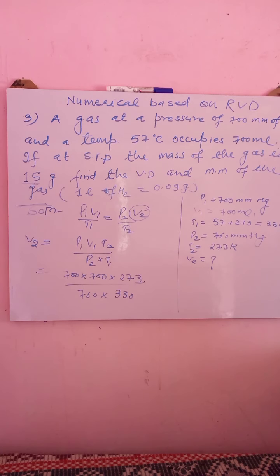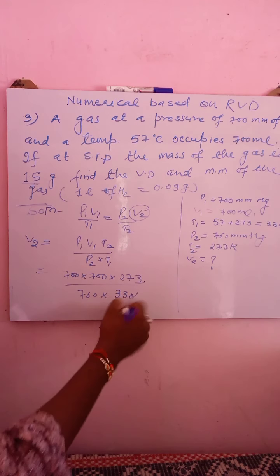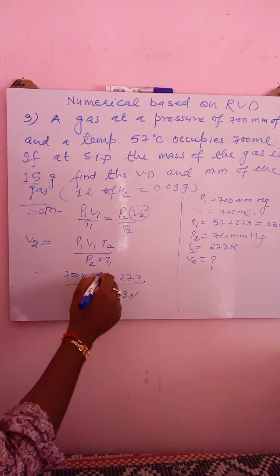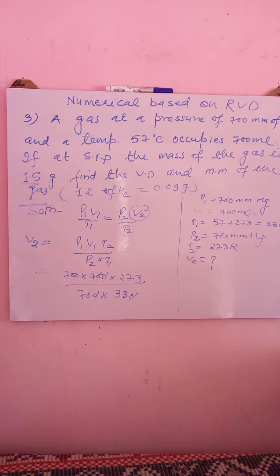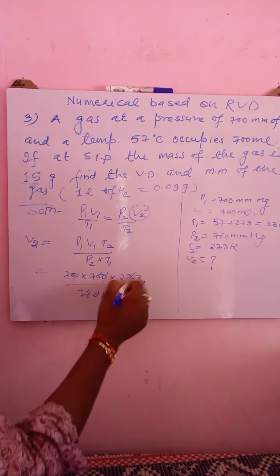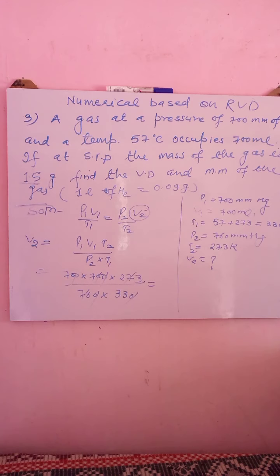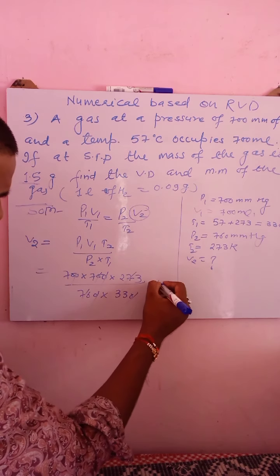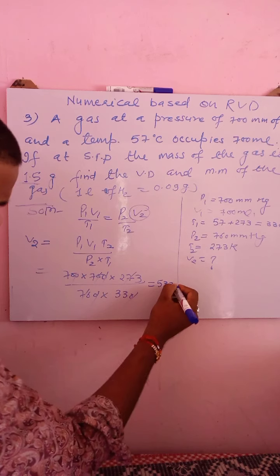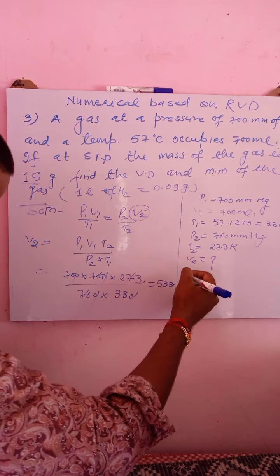After multiplication and division, the zeros will cancel, and you will get V2 equal to 533.37 ml.